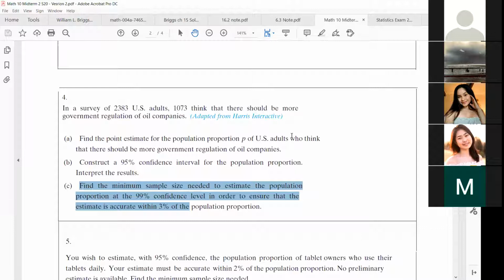And X is also given to us, 1,073. And the level of confidence for part B is 95%. And for part C, we want to find the sample size. Then C is 99%, and the margin of error is 3%.